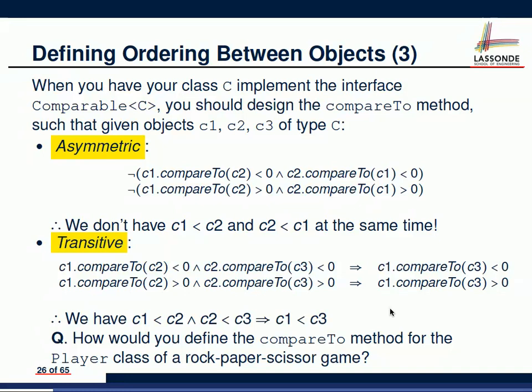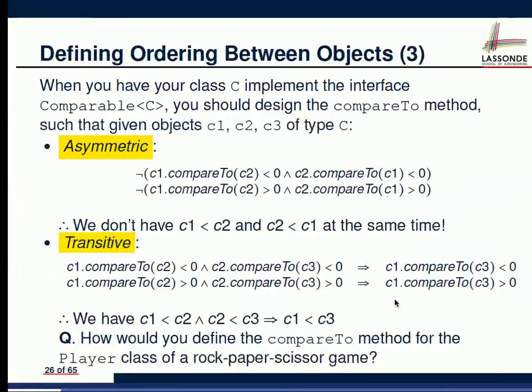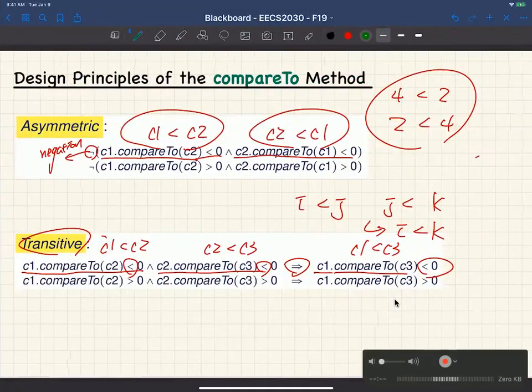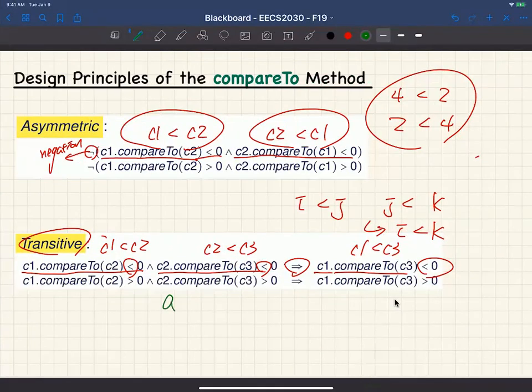Anybody? Before I give a little bit further hints. How about the second one, transitive? Well, let's say this. Let's say I got player A, player B, and player C, right?